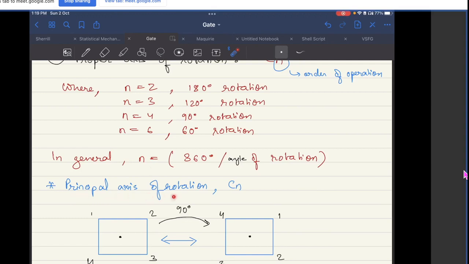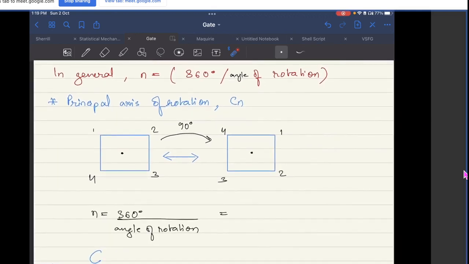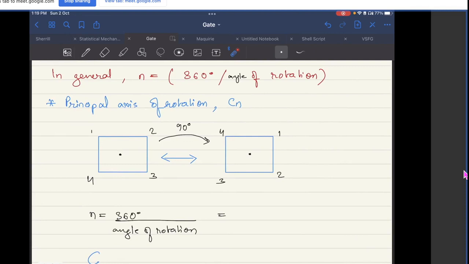Now, the principal axis of rotation is again Cn, okay? If you see this example, this is a square where I tag the corners 1, 2, 3, 4.